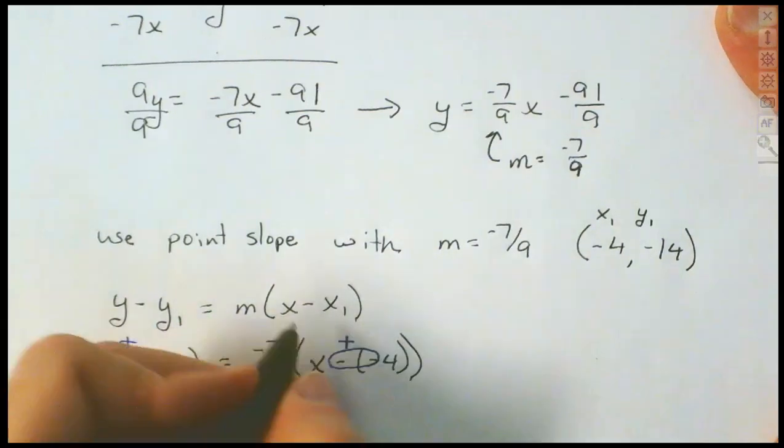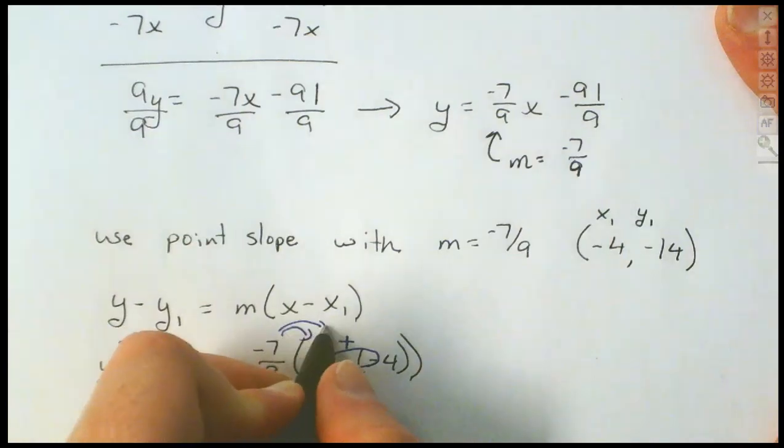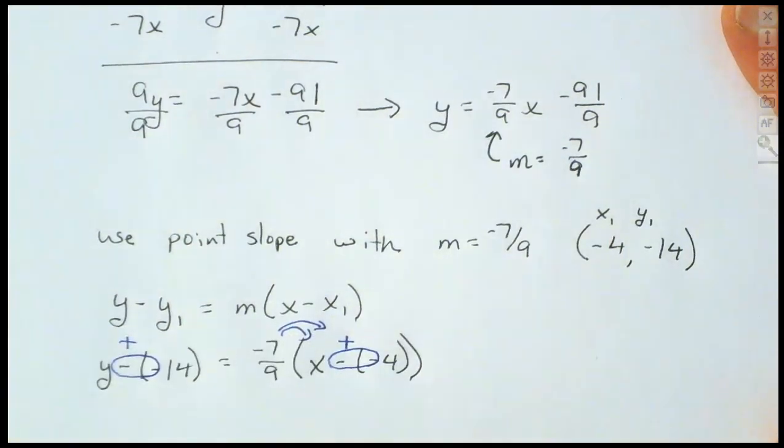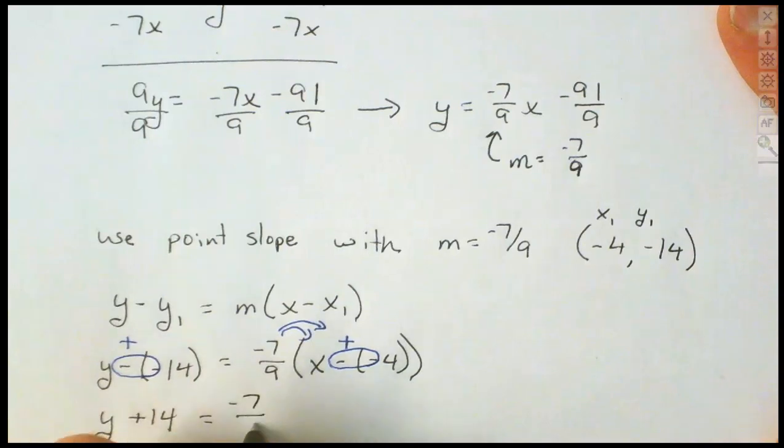And then we'll distribute through that negative 7/9. So rewriting, we have y plus 14 equals, distributing through, a minus 7/9 x. And then we have negative 7 times that positive 4. And that's going to be then a negative 28/9.